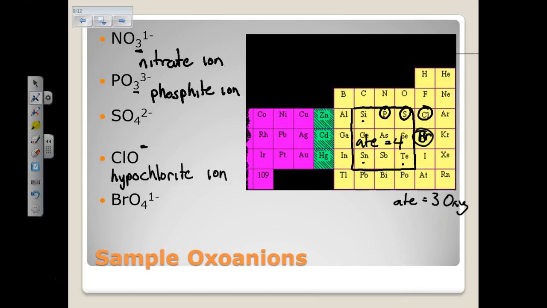So this is going to be more than 3 oxygens, and that 1 more, now we have to put the prefix, that's the per, so we're going to do perbromate ion. So that's naming polyatomic ions.